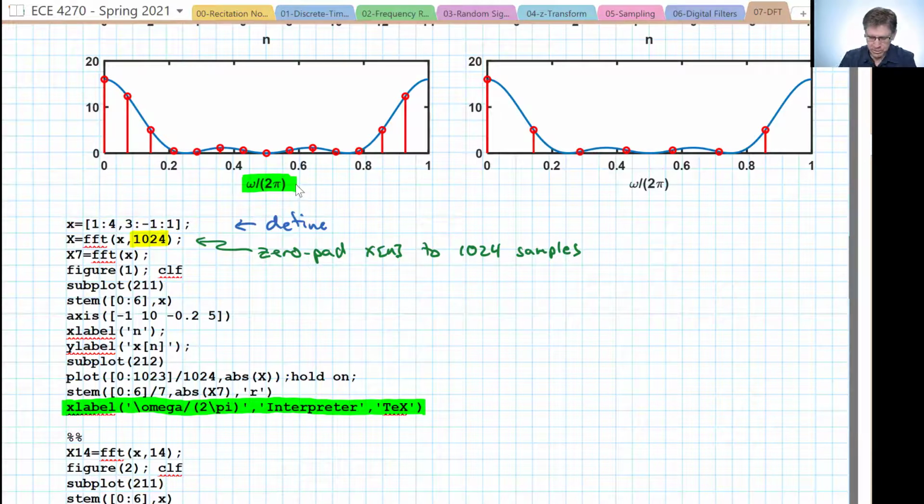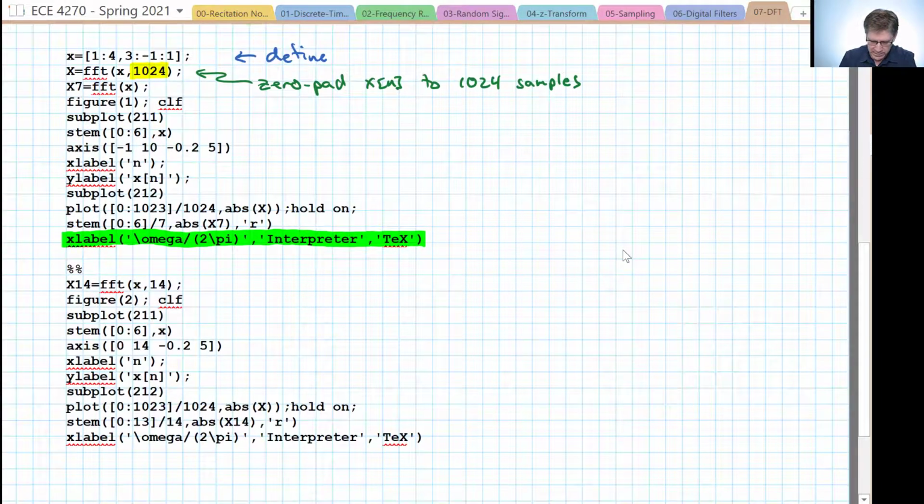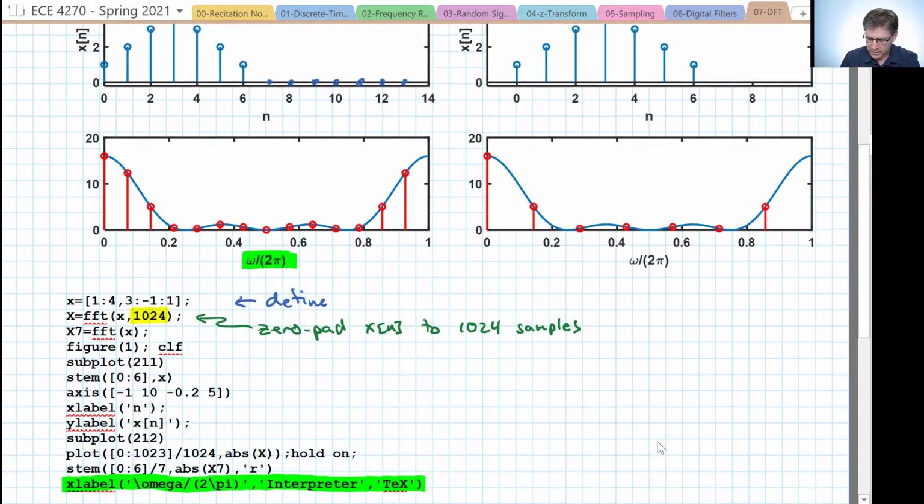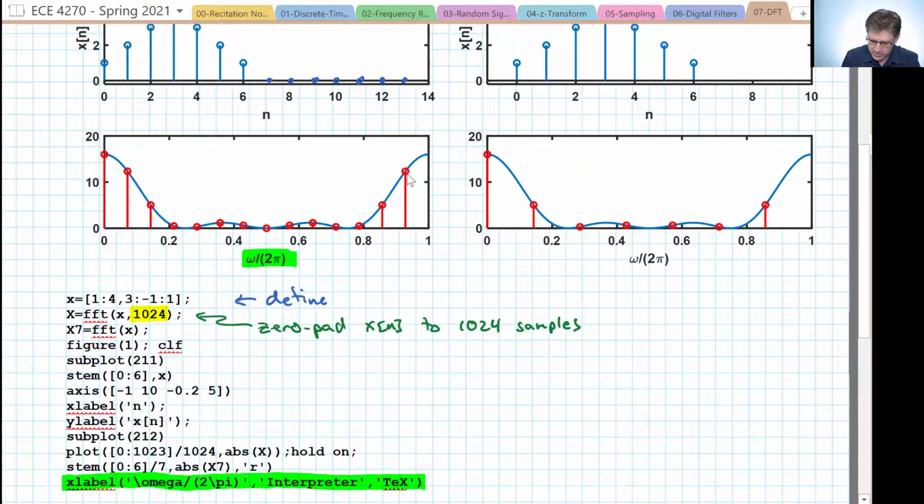So we plotted those two on top of each other. Down below, we just zero padded x out to 14 samples and plotted the same thing, except now we have more samples in frequency.